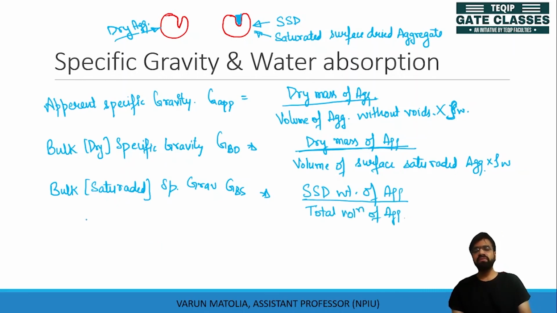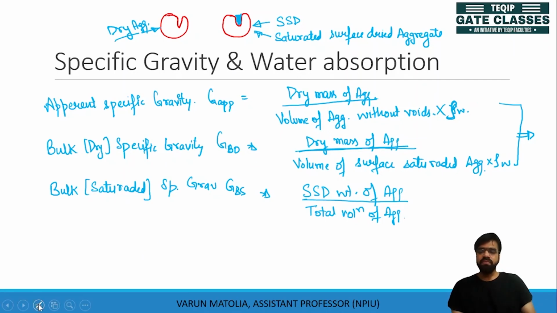So this is how we can calculate bulk saturated density. Now in comment box, you will tell me which one of these will be maximum and which one of these will be minimum. Or compare these two. Tell me out of these two, which is more, which comes out to be more for same particle.